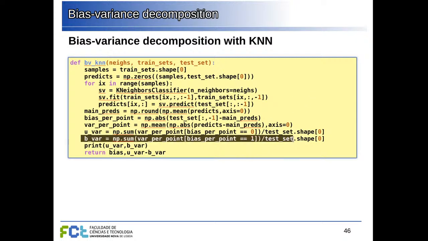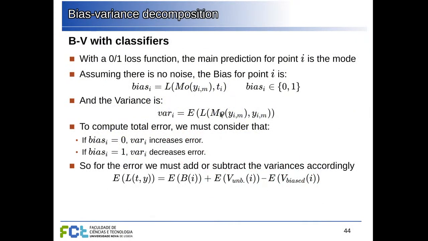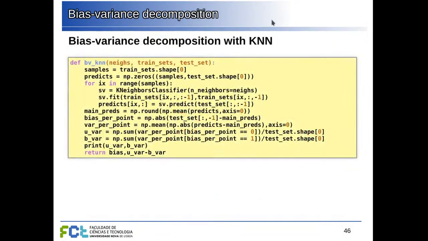And then for the biased variance, we do the same, but we use the variance for those cases where the bias is 1. So these are the two different contributions of the variance, because we need to separate the case where the majority is wrong. If the majority is wrong, having a variance there is good because it reduces the error on average. But if the majority is right, then variance is bad because it's increasing the error. So this is what we do here.